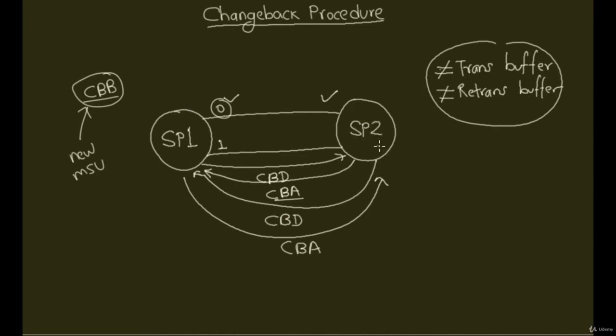When the changeback procedure is initiated, the changeback buffer is formed, and all the new incoming MSUs will be kept in it till the acknowledgement has come from the other party. After that, the changeback buffer goes into the transmission buffer of the corresponding signaling point, and it is used for transmitting all the MSUs.